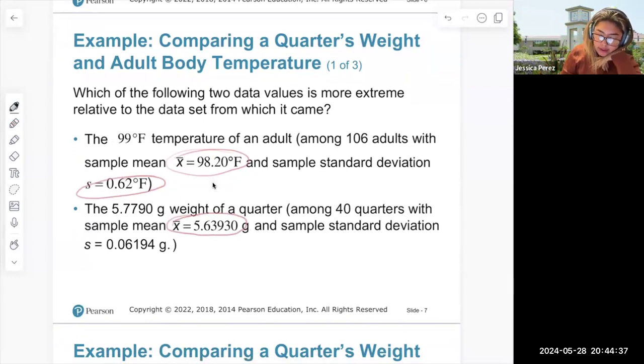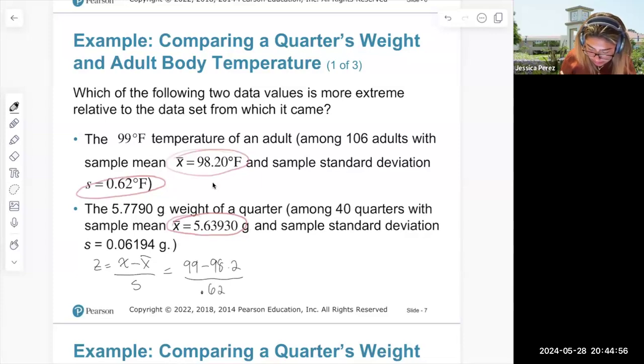So we're going to calculate the z-score for each. The z-score for the first is x minus x bar over s. So what's x in this case? x is 99, what we're given, minus x bar, which is 98.2, all over 0.62. We're going to use our calculator for that, and that's the first z-score.